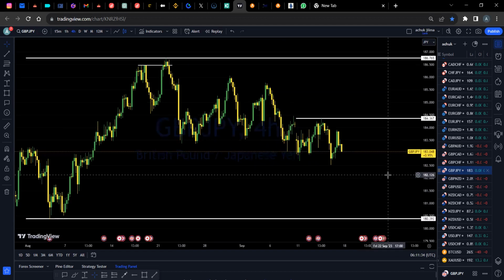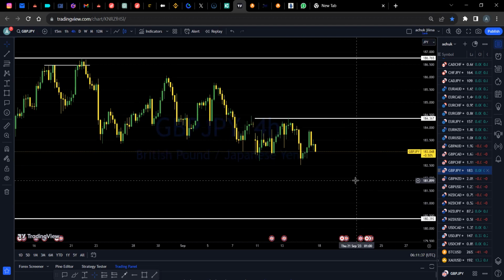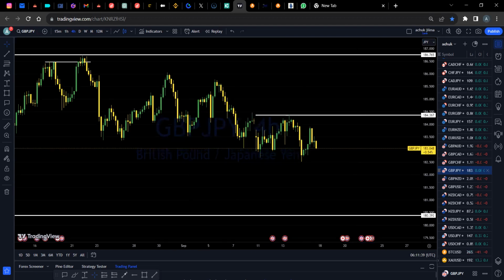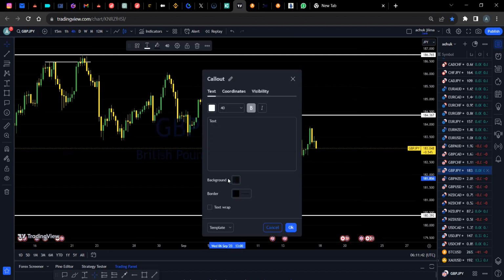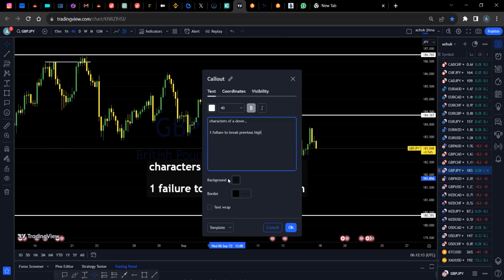This is a clear downtrend, because what are the characteristics of a downtrend? Let me just explain this to you. There are majorly two. One of them is failure to break previous highs.